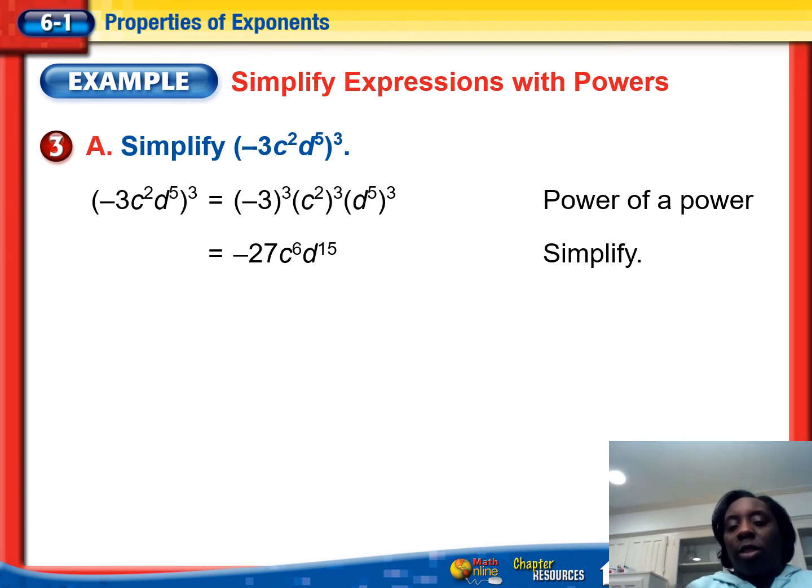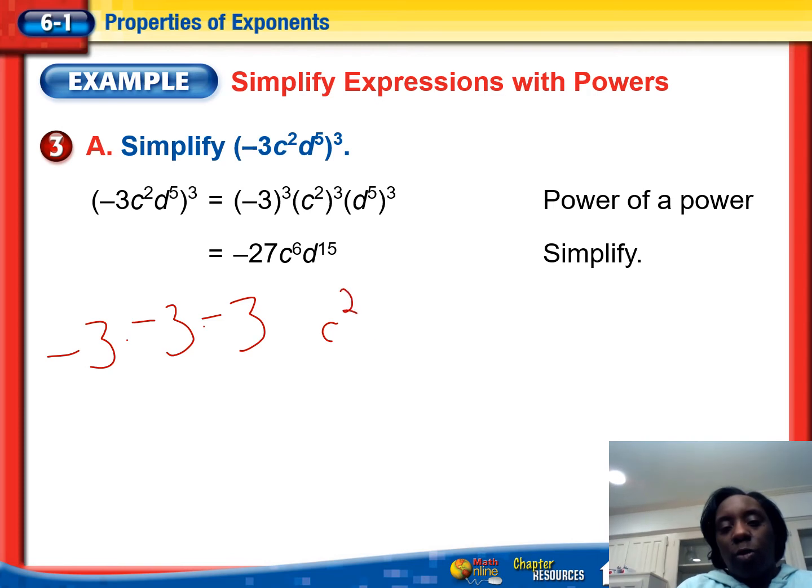And if I had to write it out, and I don't know if it's in the PowerPoint, and I don't want to take the chance, so I'm just going to write it out. That's negative 3 times negative 3 times negative 3. C2 times C2 times C2. Are y'all loving my handwriting right now?